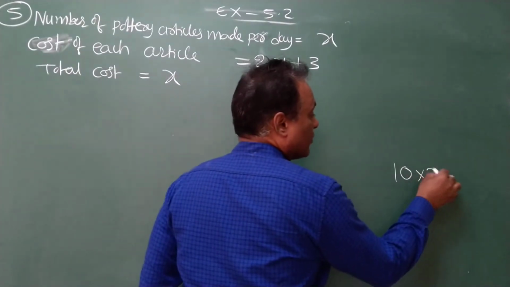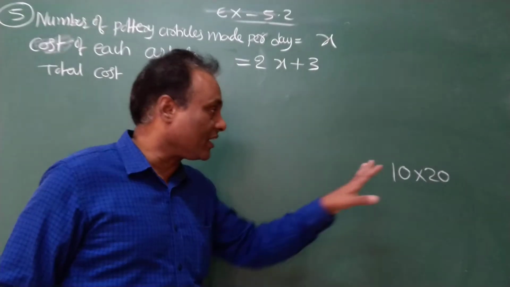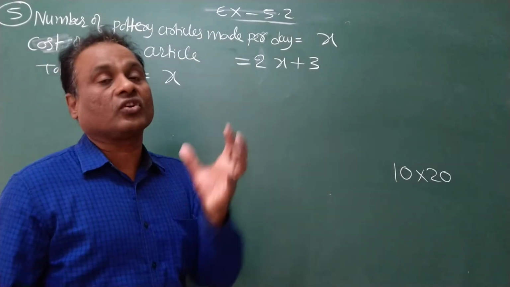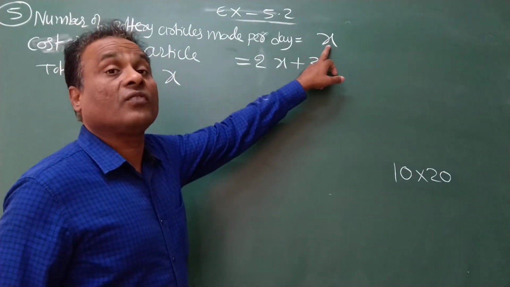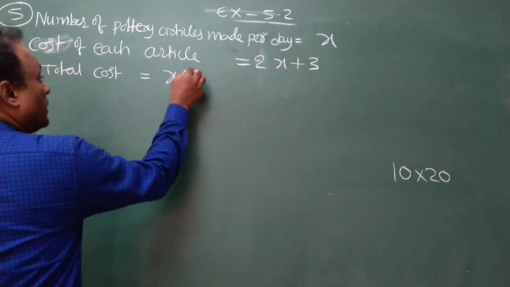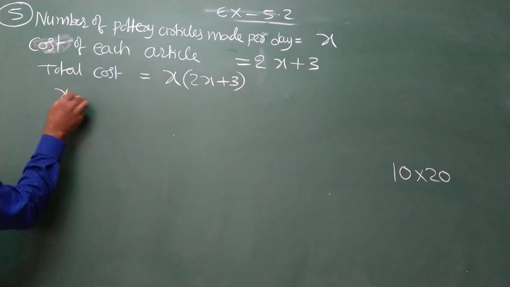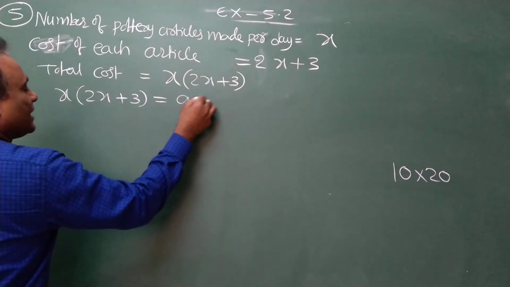So 10 articles means 10 into 20. Like that, number of articles is x, each article cost is 2x plus 3. This total cost is given as 90 rupees.